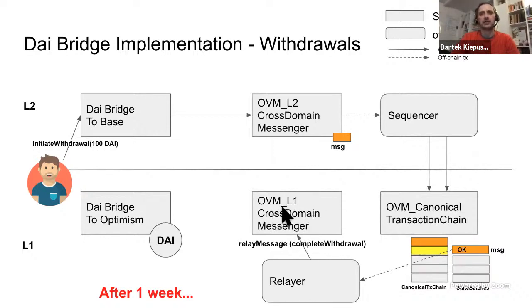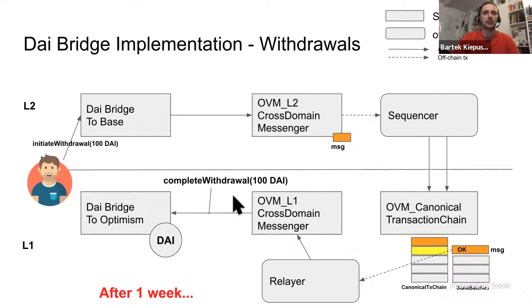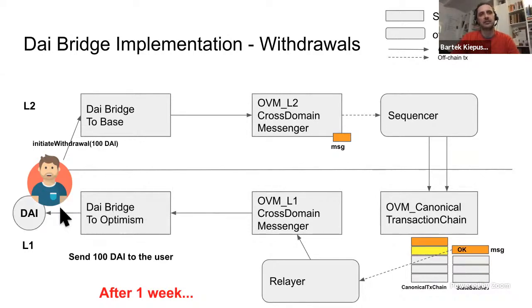It checks whether the fraud-proof window has elapsed. And if so, it assumes that the state is correct. The actual initiate withdrawal can be passed, and it's easy to imagine what happens next. This method is invoked on the DAI bridge, and eventually the DAI is sent to the user, right?